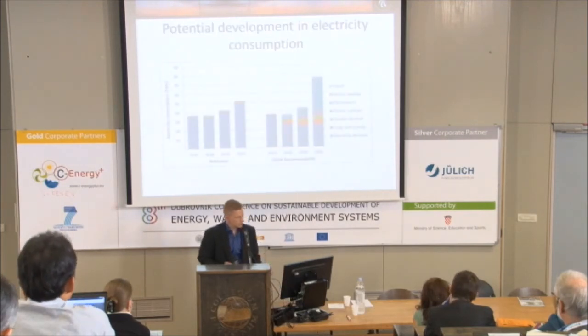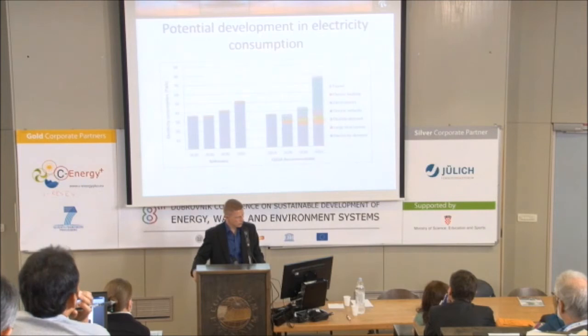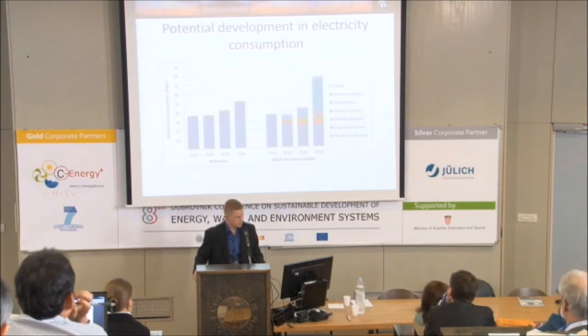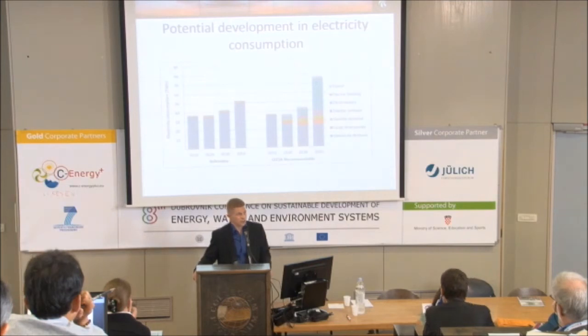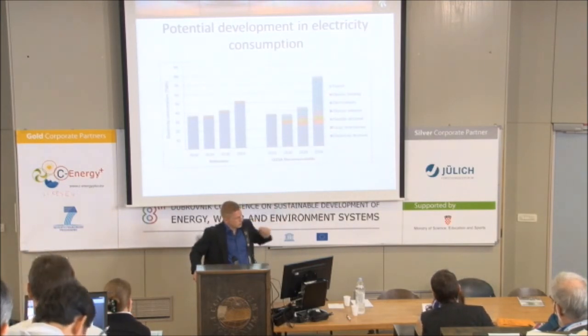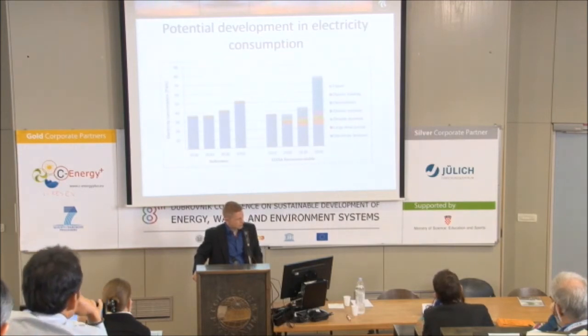What happens then on the consumption side? Well, quite a lot happens on the consumption side, because as you can imagine, in such a smart energy system, we need quite a lot of flexibility. And we've already integrated both the electricity and transport sector. So what we see here is the electricity consumption.